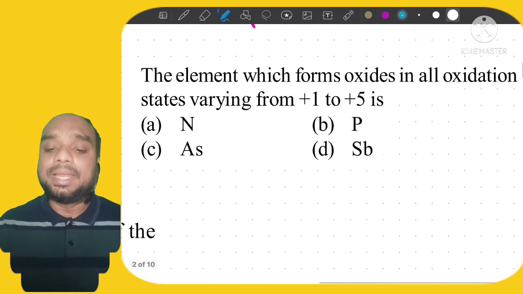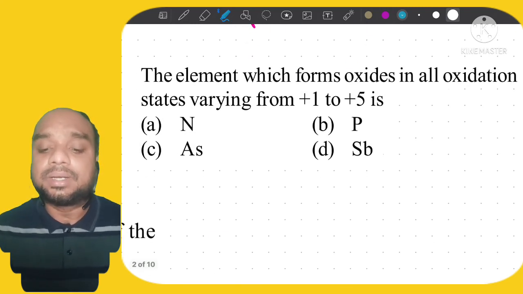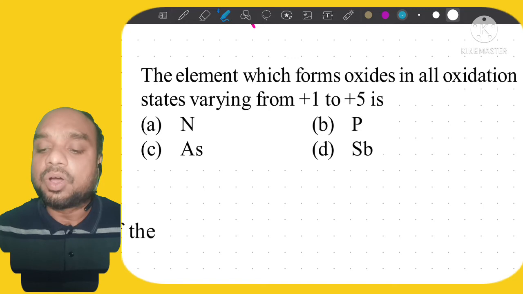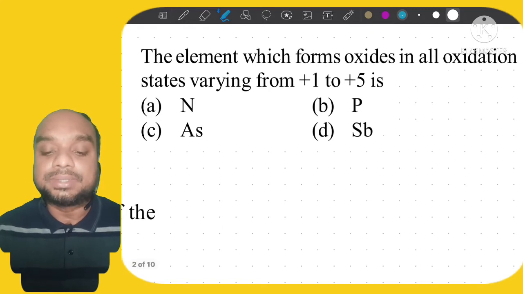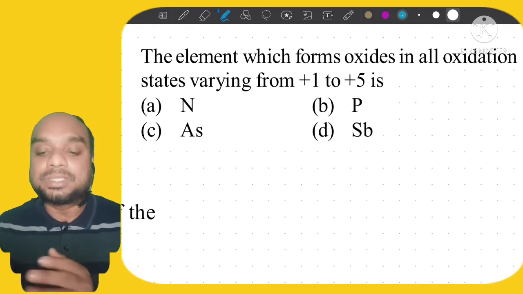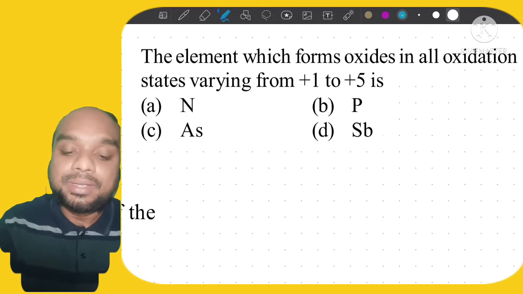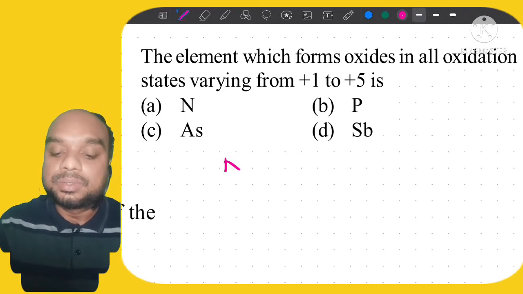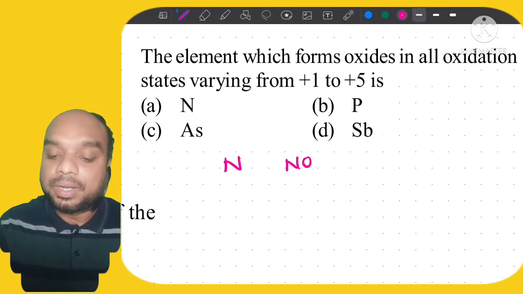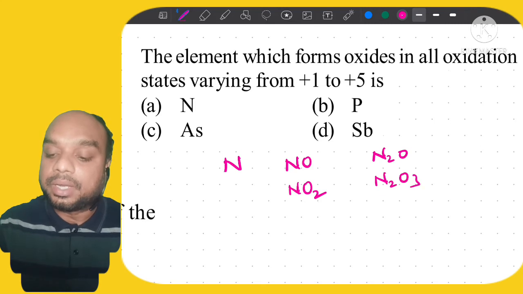Next one. The question is, which element forms oxides in all oxidation states varying from +1 to +5? Nitrogen. Nitric oxide, nitrogen dioxide, nitrous oxide, nitrogen trioxide, N2O4 and N2O5.